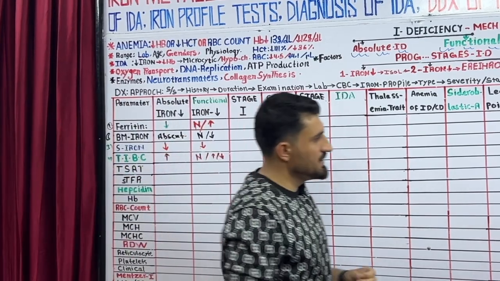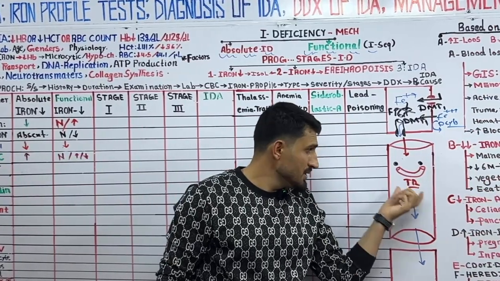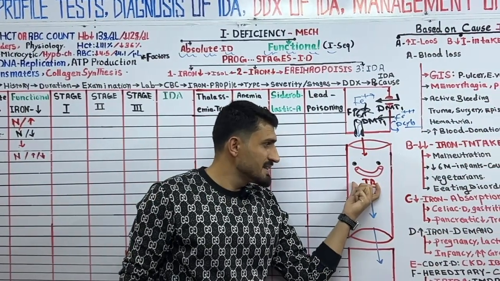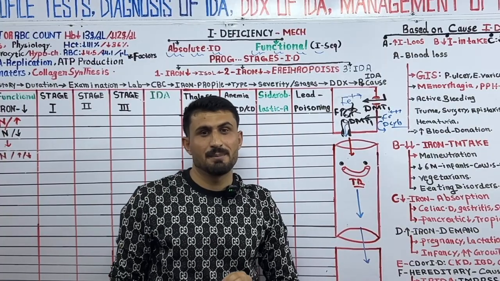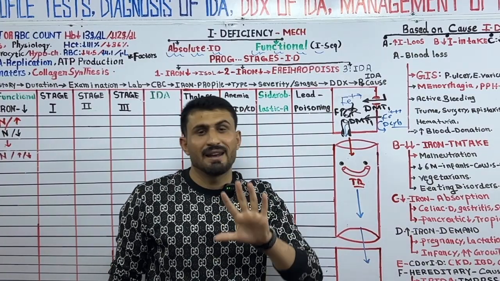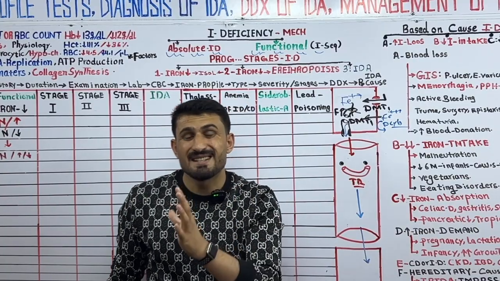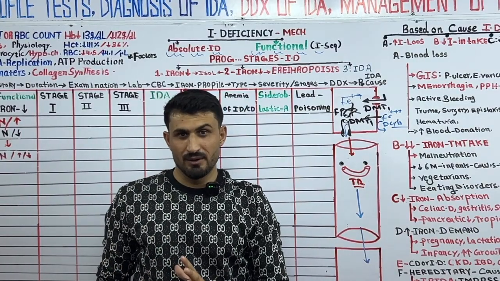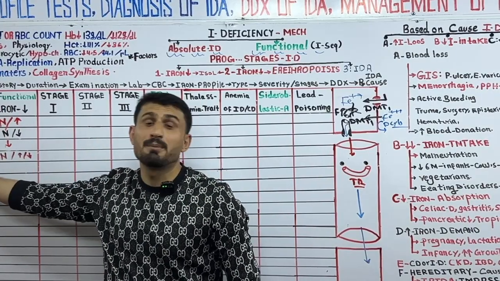Transferrin saturation means how many seats of this transferrin are saturated by iron. For example, I have 10 tracks and in each track I have 2 seats. How many seats are available for iron? We calculate that by total iron binding capacity.